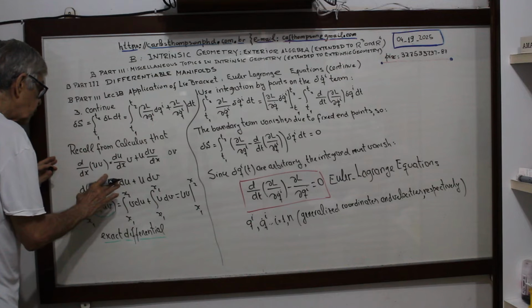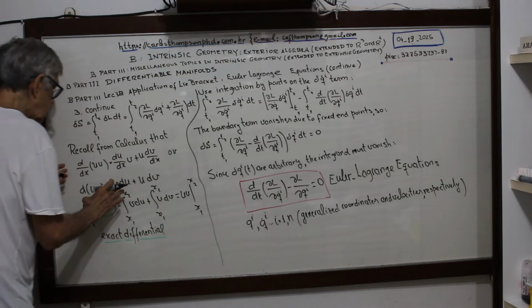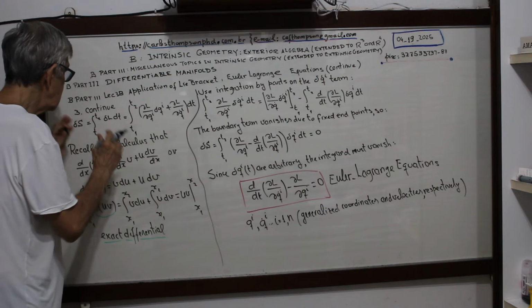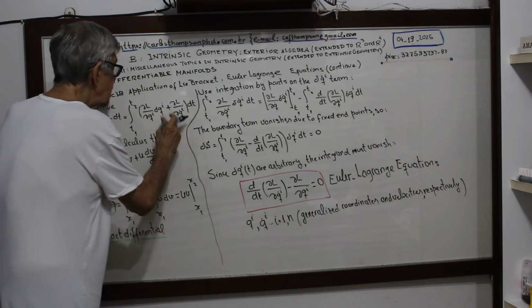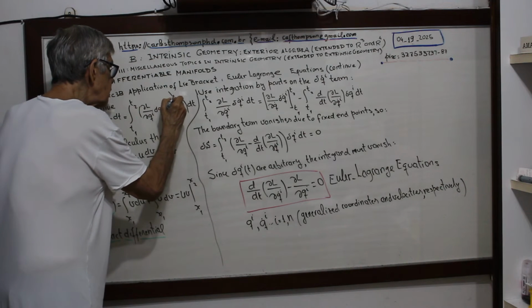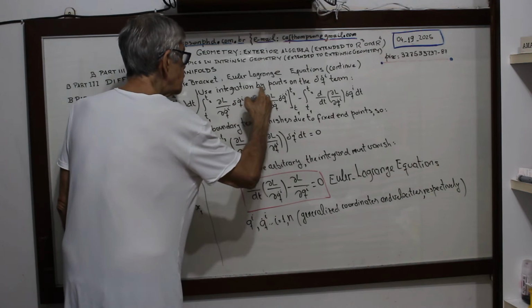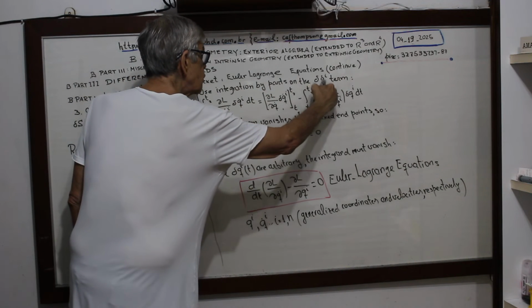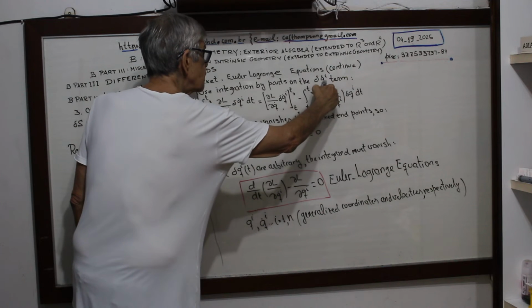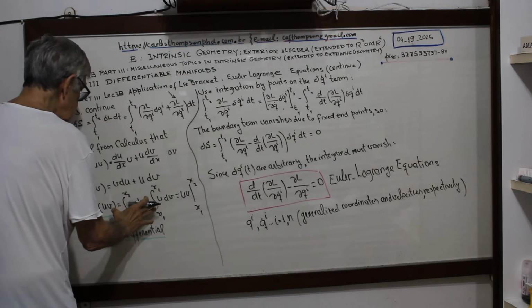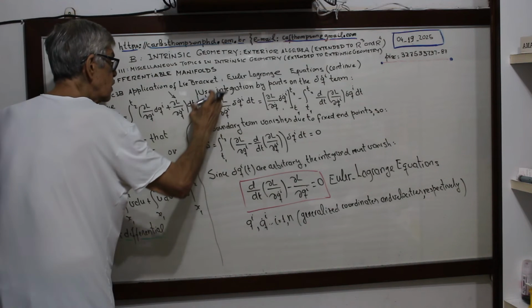In this case we will apply integration by parts just on this term over here. So use integration by parts on the delta q dot i term. I will apply this over here.